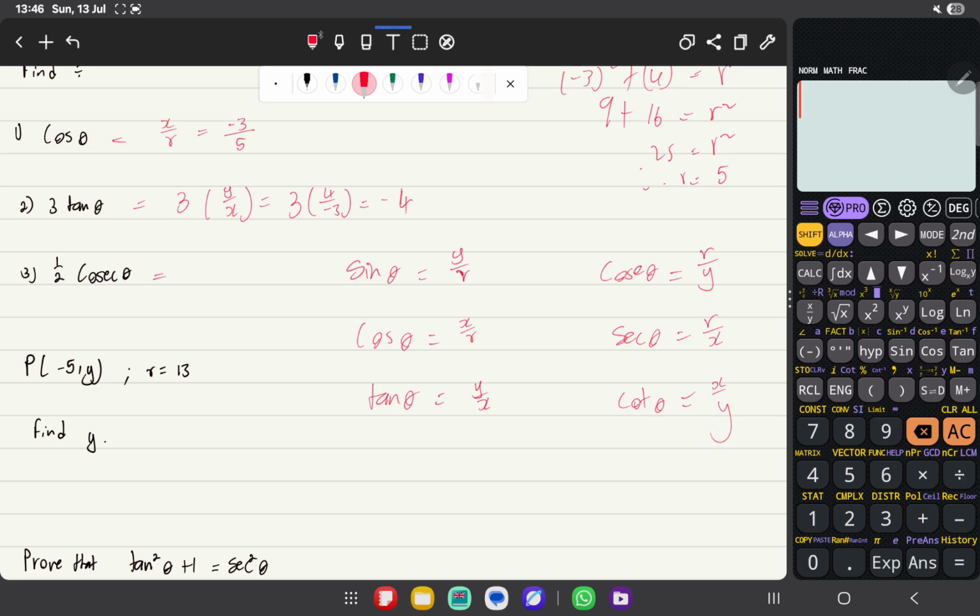These are the reciprocals of these, like having 2 versus 1 over 2, right? So cool. This one, cosec, is r over y, which is 5 over 4. Oh, I forgot the half. 1 over 2, which is 5 over 8.